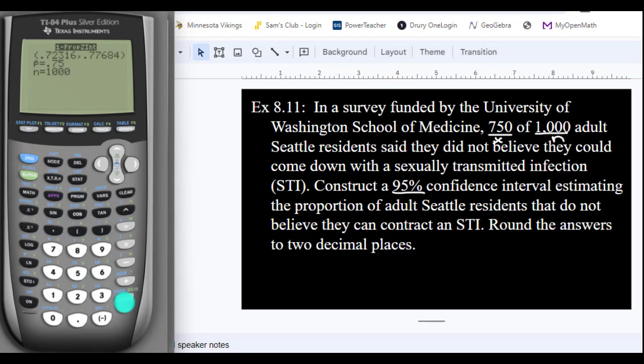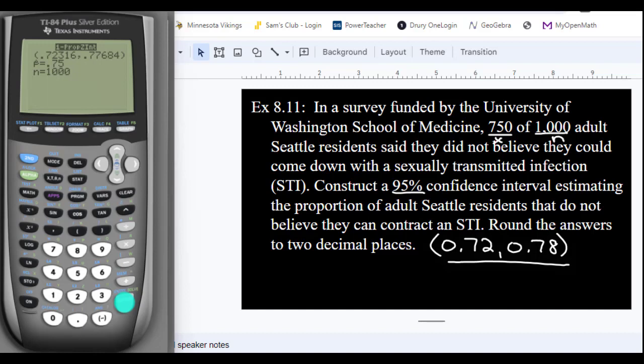And so notice our confidence interval, round your answer to 2 decimal places it says. So our confidence interval is 0.72 and 0.78. And that's going to be our 95% confidence interval for that example.